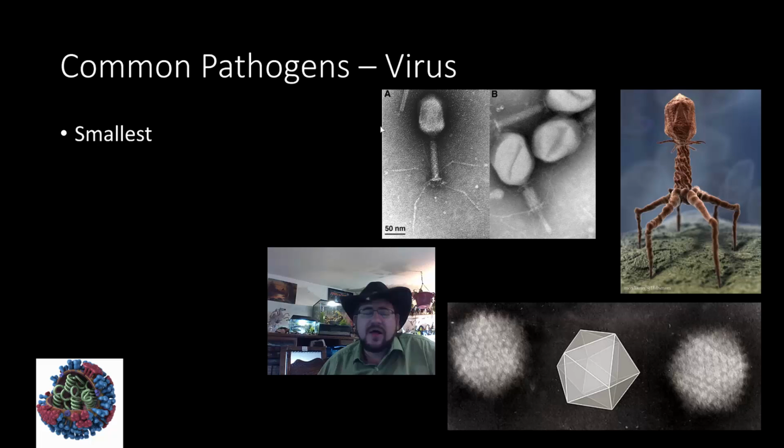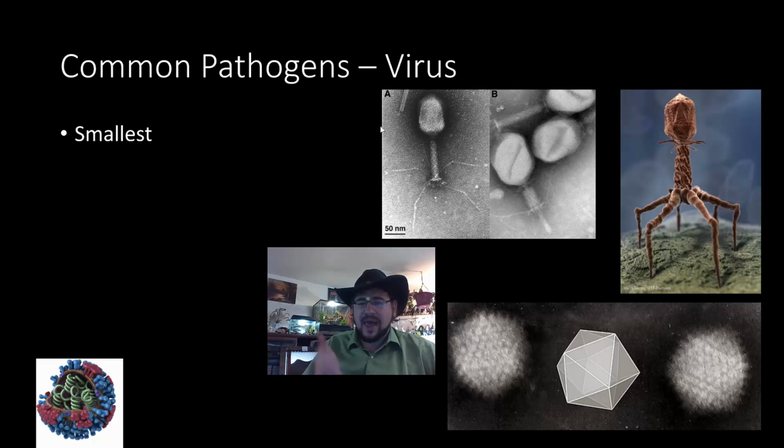Remember I talked about how there's debate in the biological community over whether or not viruses are considered alive. I haven't studied viruses a lot, but I've taken virology courses. I've read about them some. And personally, I would consider them a living organism. So I'm going to sort of shorthand call them organisms.